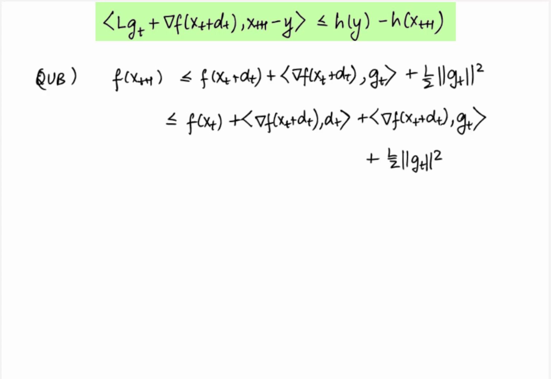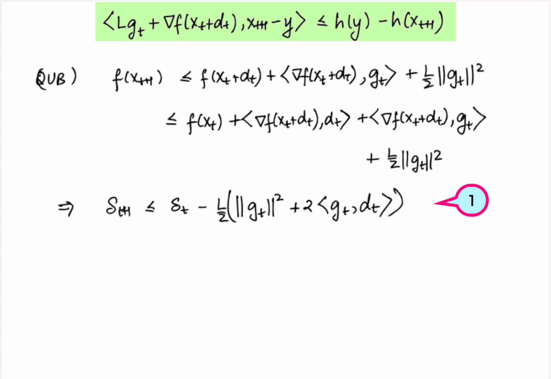So now we can add the inequality on the previous page for y equal to xt to get delta t plus 1 is less than or equal to delta t minus L by 2 norm square of gt plus 2 times the inner product of gt comma dt.